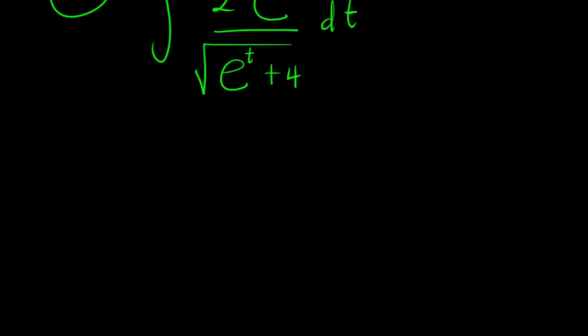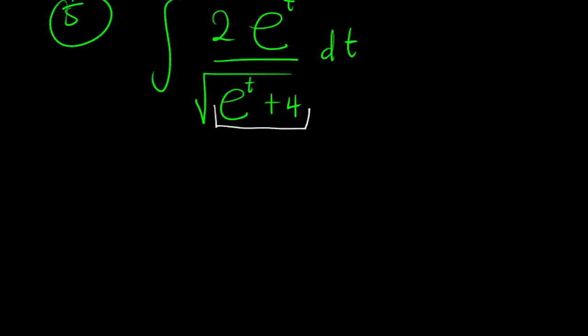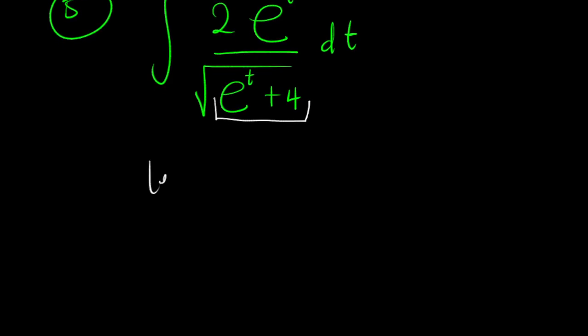Now, your idea of differentiation is very, very important with integration as well. Look at what we have inside here. If you differentiate what we have inside here, you'll be having e^t back. So with that we can cancel what we have here. So what are we going to do?